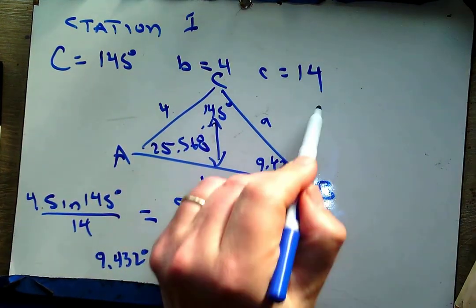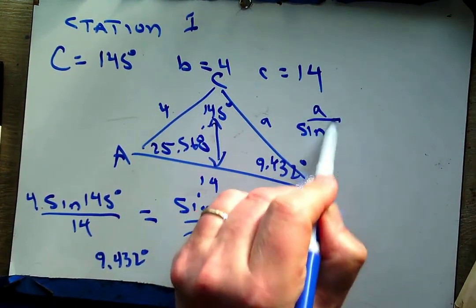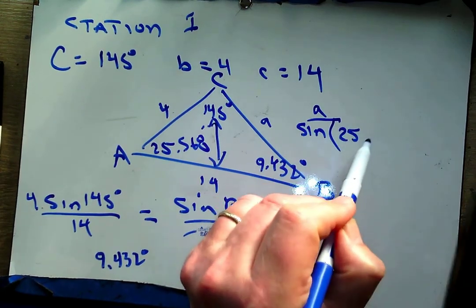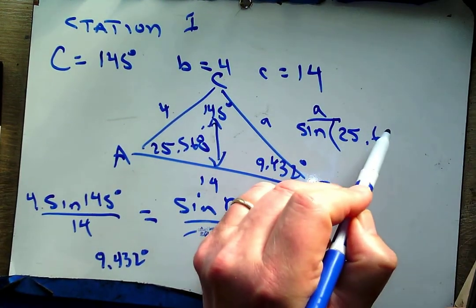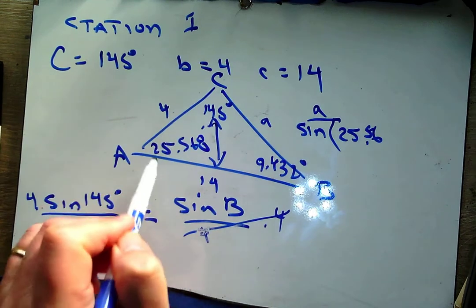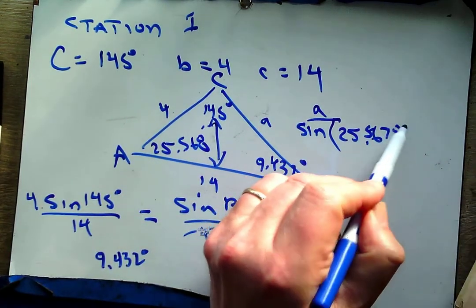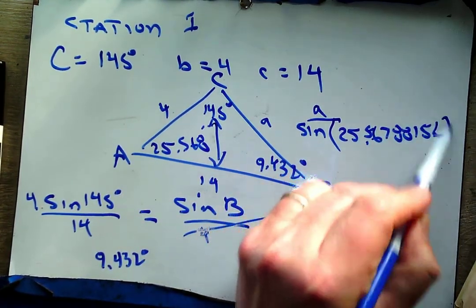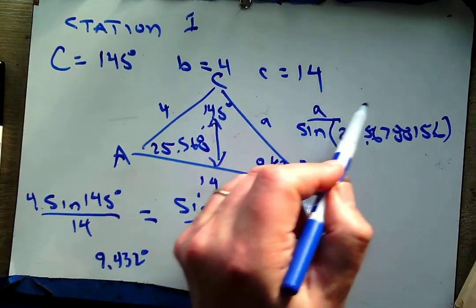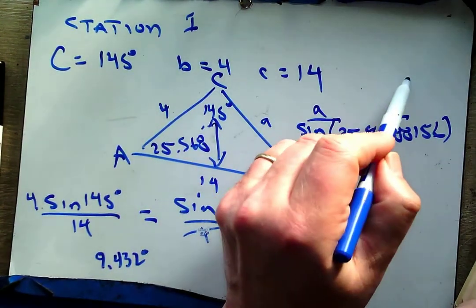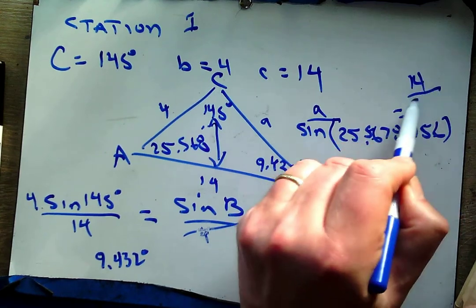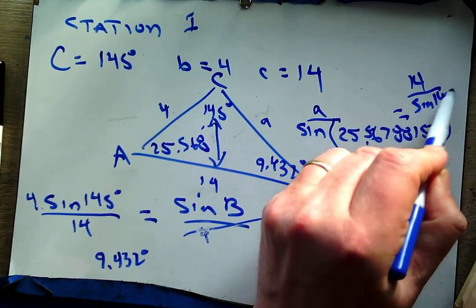So I'm going to say little a over the sine of 25.65656788156. That's right, I don't round until I get to the end. Equals 14 over sine of 145.